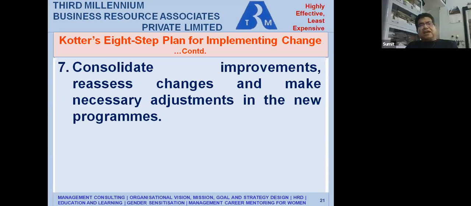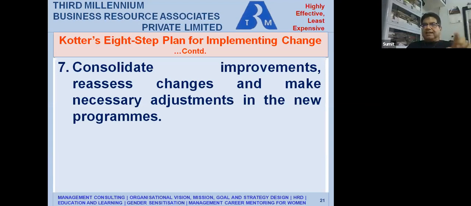So we had to unlearn, and constantly we have to think, if I was in a physical class, I would have done this, I would have given this exercise, I would have interacted, I would have encouraged questions in the middle, etc. But that is not going to happen. So how do we unlearn our old things and relearn what is needed? That is, consolidate improvements, reassess changes, make necessary adjustments.